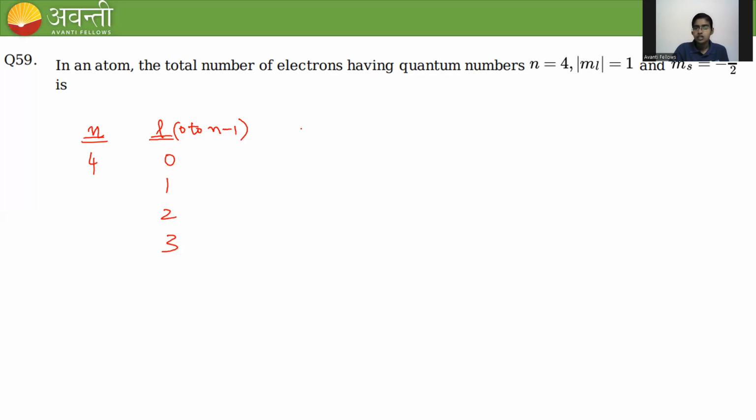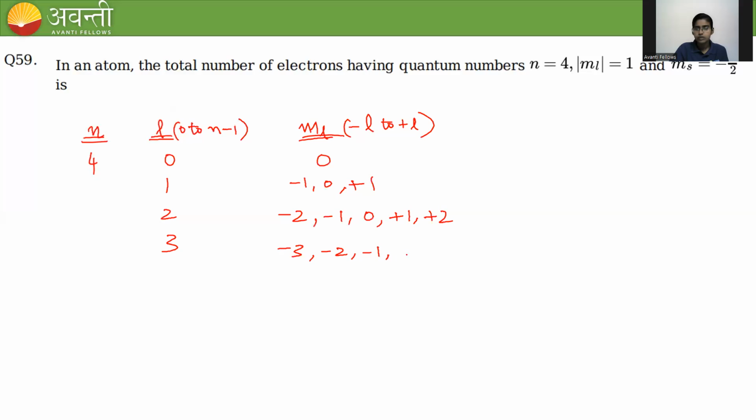So if L is this, then ml, the magnetic quantum number, will be from minus L to plus L. For 0 it is 0, here minus 1, 0 and plus 1. And for L is equal to 2, it is minus 2, minus 1, 0, plus 1 and plus 2. And here it is minus 3, minus 2, minus 1, 0, plus 1, plus 2 and plus 3.